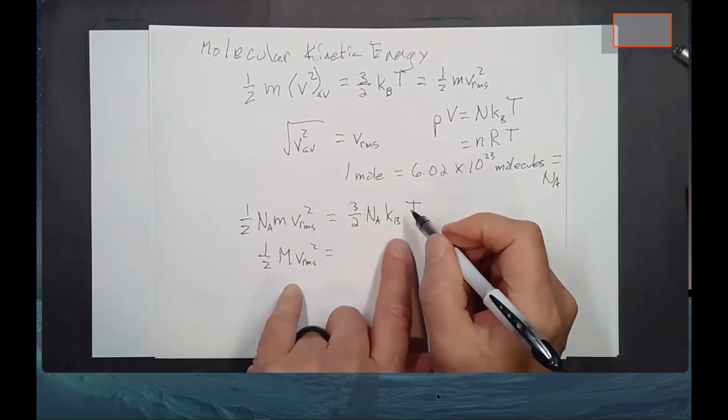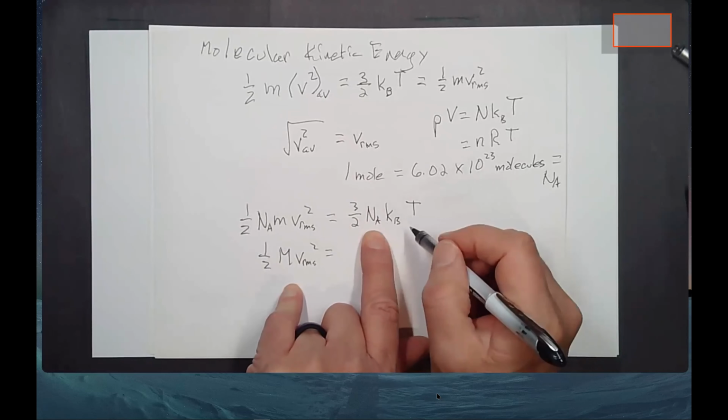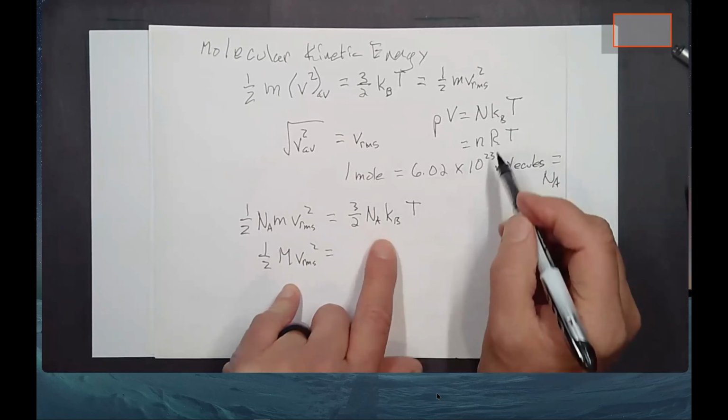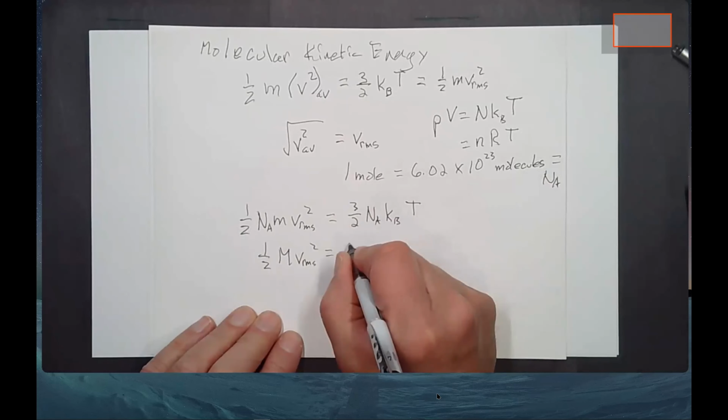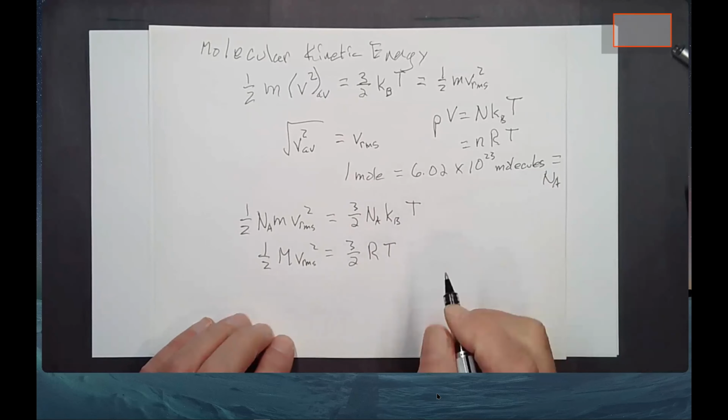And if you multiply Boltzmann's constant by N sub A, Avogadro's number, you get the ideal gas constant. So this would become 3/2 capital R times T.